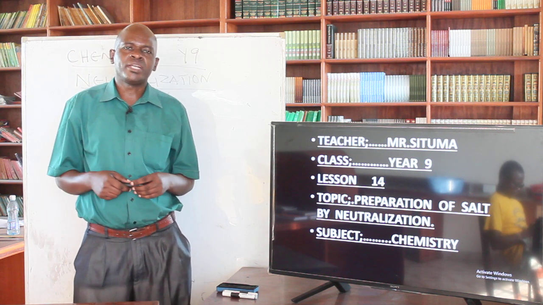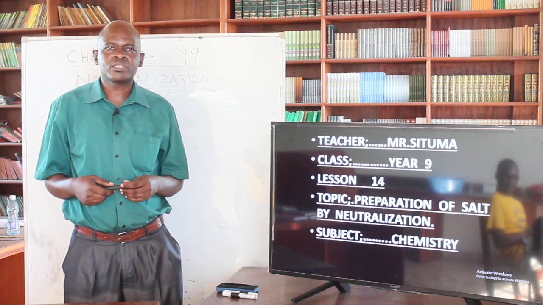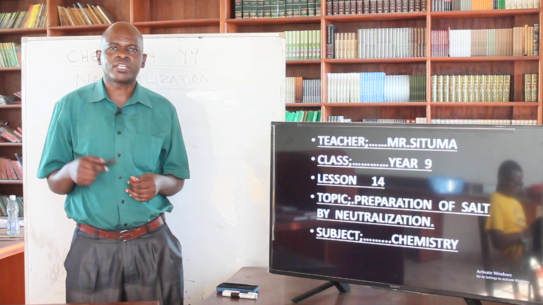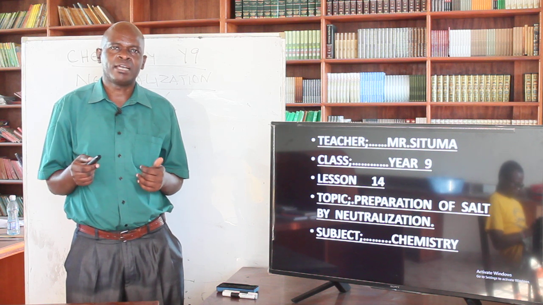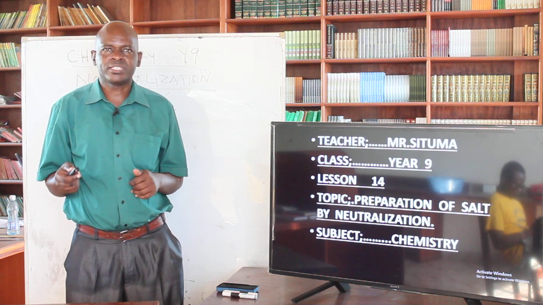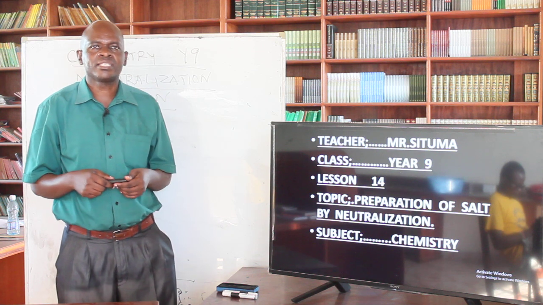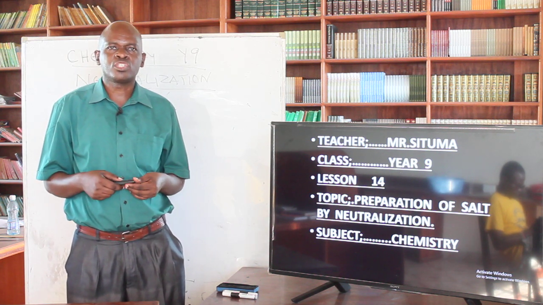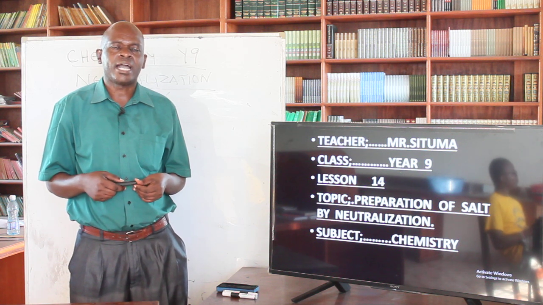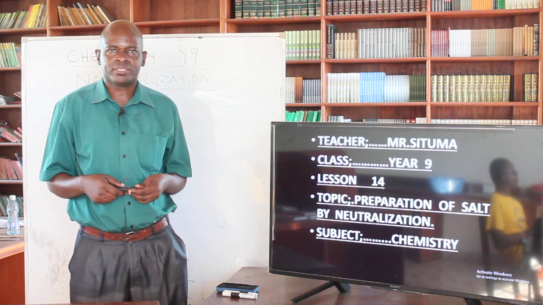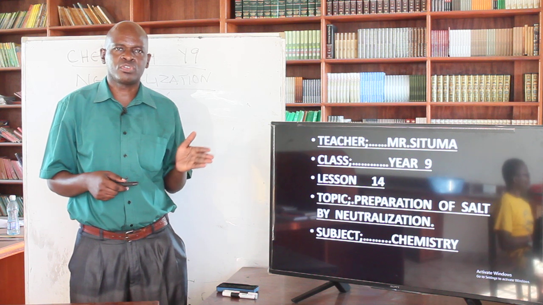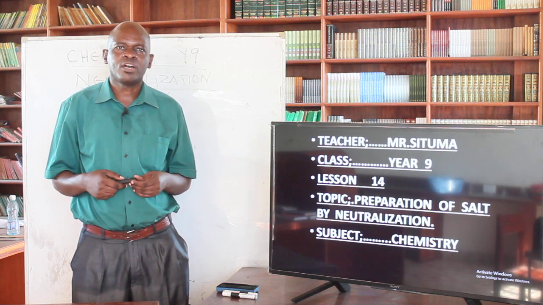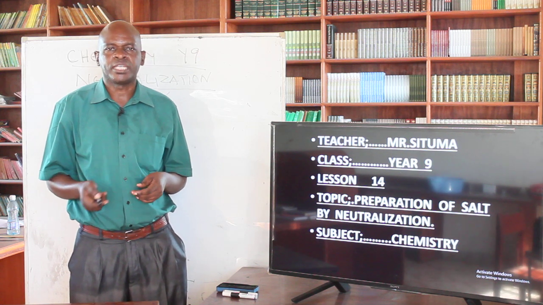Now, in our discussion today, we're going to be based on the preparation of the salts from the reaction between an acid and a base. An acid and a base, and in this case, we are looking at acid and alkali. Remember, in our definitions, alkalis are soluble bases. We gave examples of sodium oxide or sodium hydroxide, potassium oxide or potassium hydroxide.